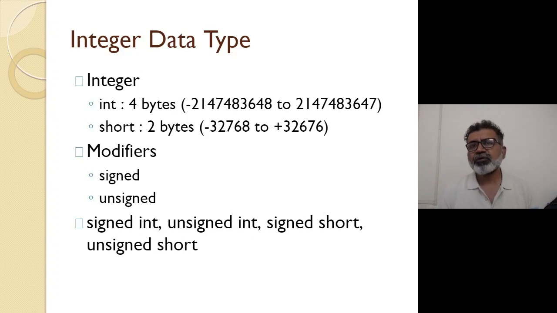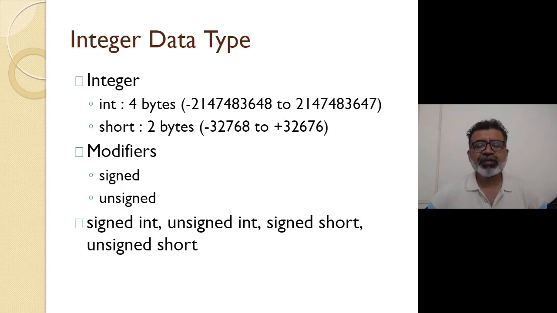So when you write unsigned int x, definitely 4 bytes of memory will be given only, but range is doubled because range starts from 0 onwards, right? So multiple combinations can be there. There could be a signed int, but we don't need to write like that because signed is by default.